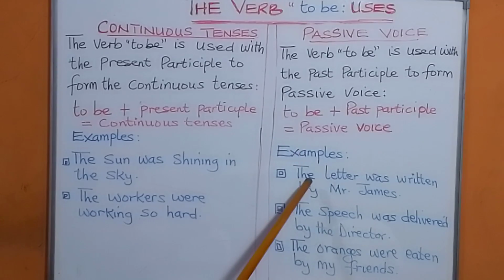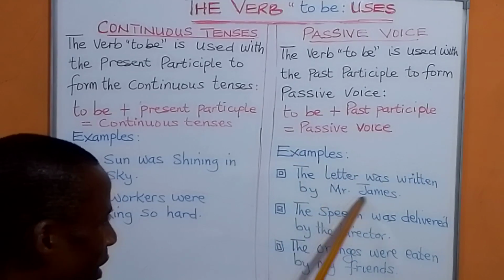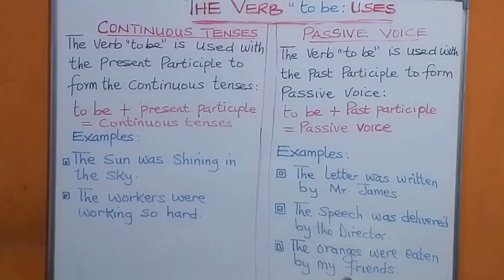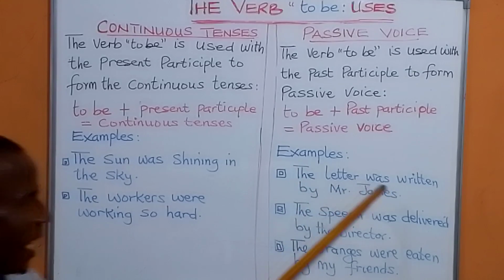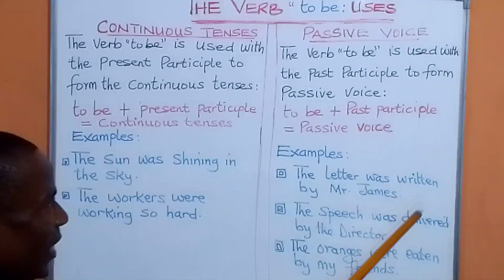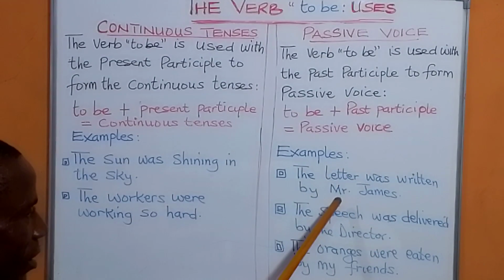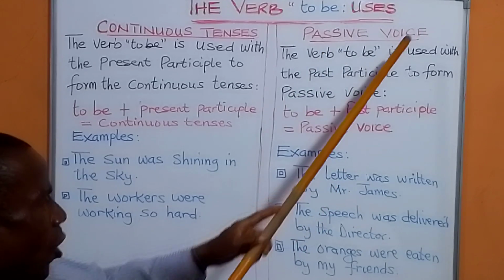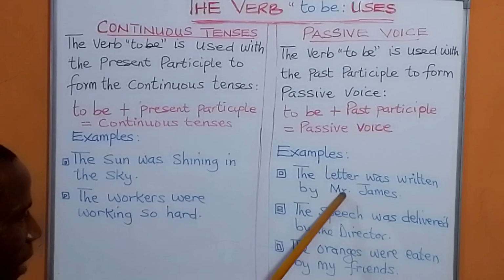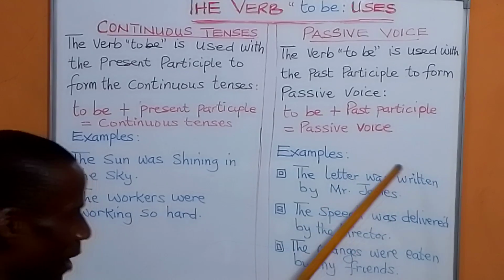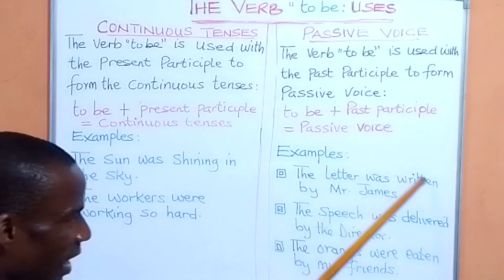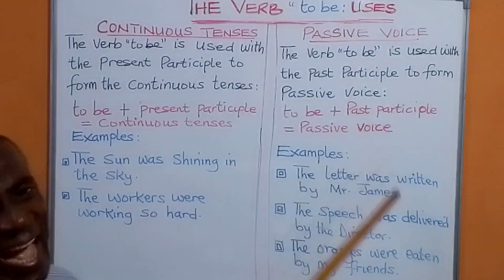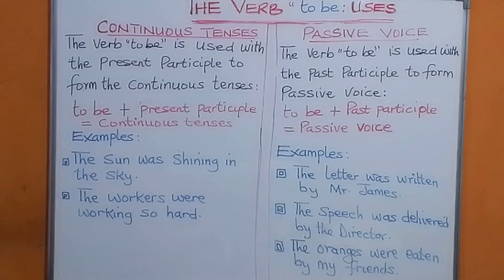Look at the example. The letter was written by Mr. James. That is passive. If you want to form this as active voice, you say Mr. James wrote the letter. That is active voice.